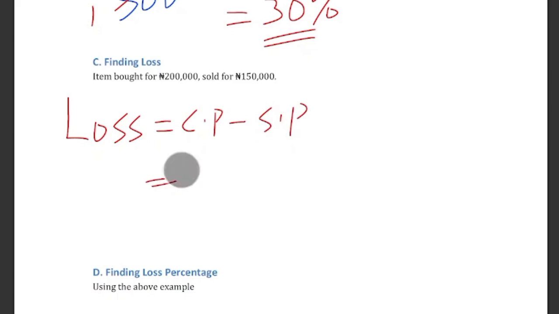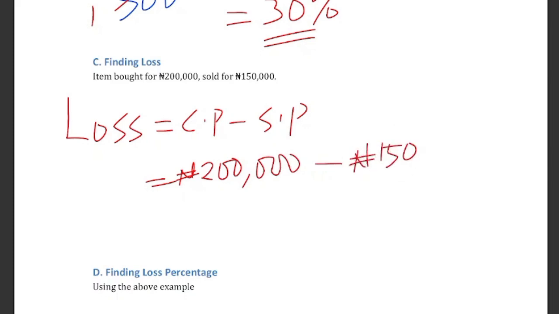So the cost price is 200,000 naira. Please always put the unit, naira. If it is dollar, put dollar. Minus selling price 150. All right. So you subtract. So that's going to give us 50,000 naira.